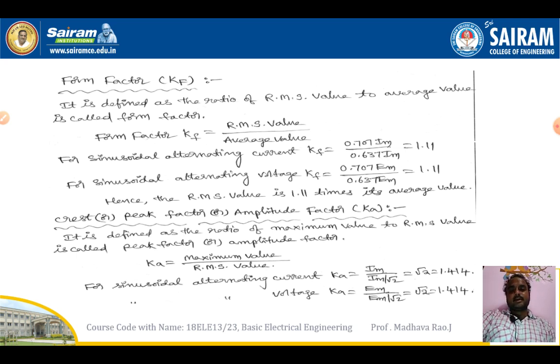For voltage, 0.707 Em by 0.637 Em is also equal to 1.11. So both voltage and current form factor are the same. Hence the RMS value is 1.11 times the average value.